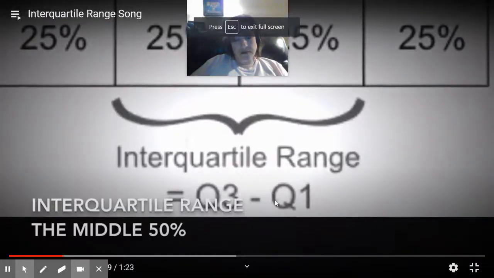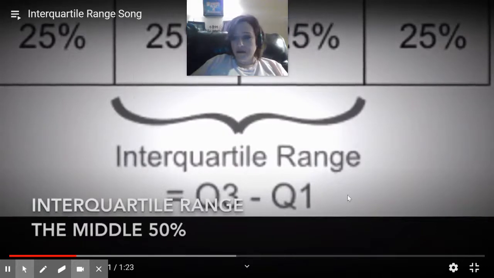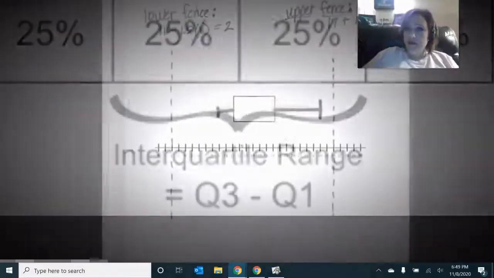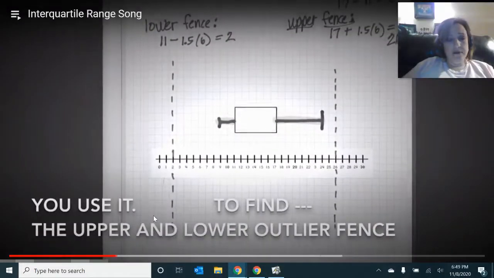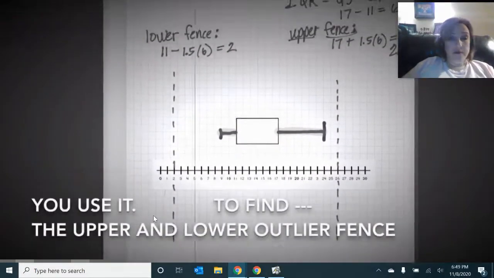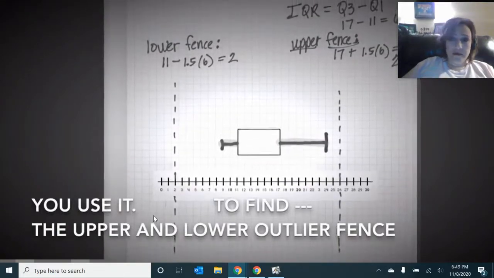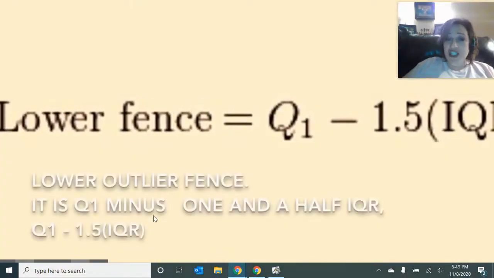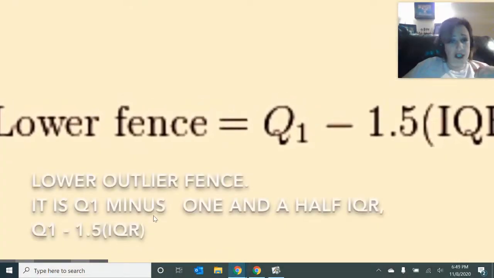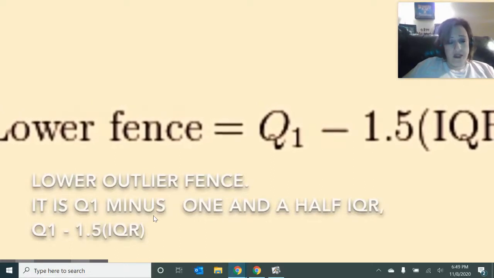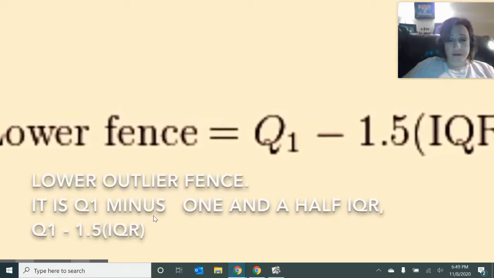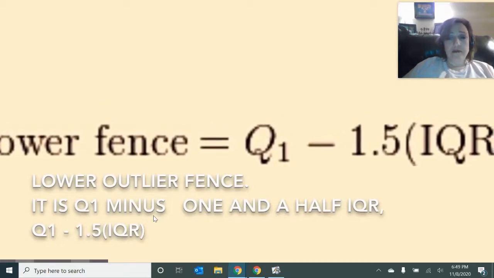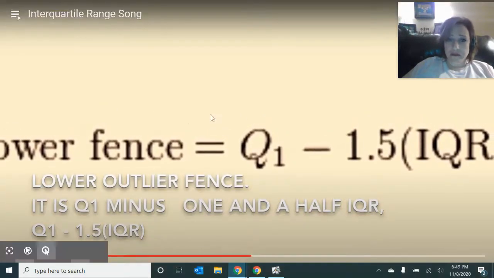Interquartile range, the middle 50%. You use it to find the upper and lower outlier fence. So kind of memorize these formulas while this is going on. Here we go. There's the lower rule. It is Q1 minus 1.5 IQR.